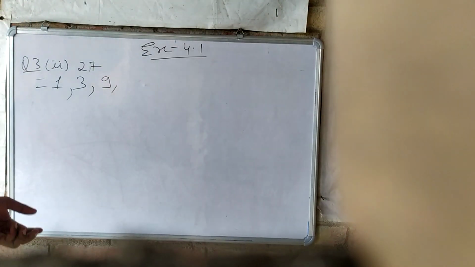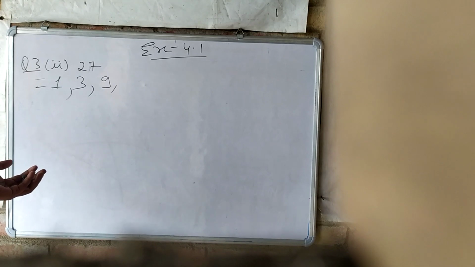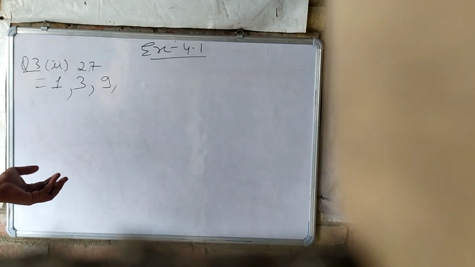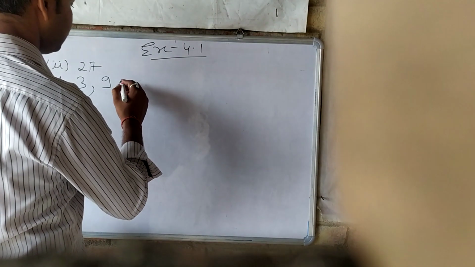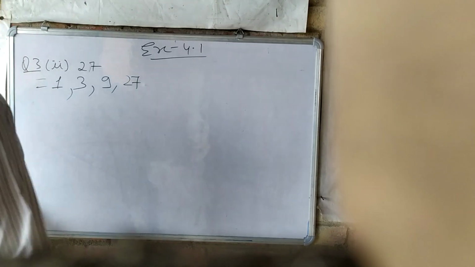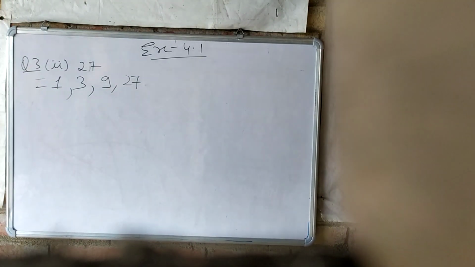Then 10, no, 11, no, 12, no, 13, no, 14, no. Then in which table will it lie? It will lie in the table of 27 itself. So by this we can say that these are the factors of 27.